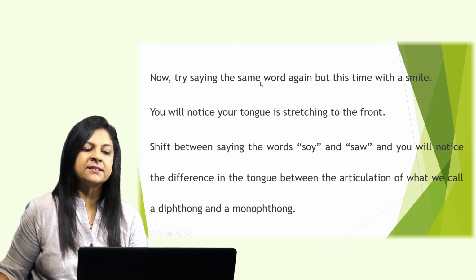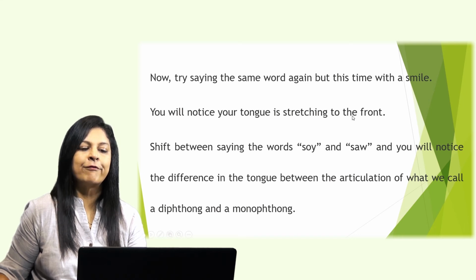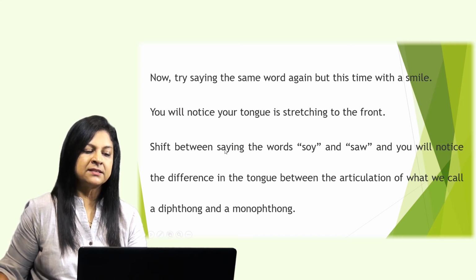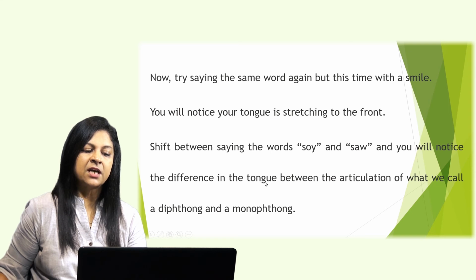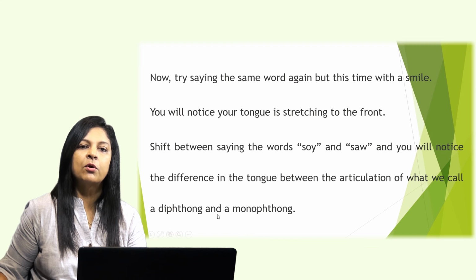Now try saying the same word again, but this time with a smile. You will notice your tongue is stretching to the front. Try saying the words soy and so, and you will notice the difference in the tongue between the articulation of what we call diphthongs and monophthongs.